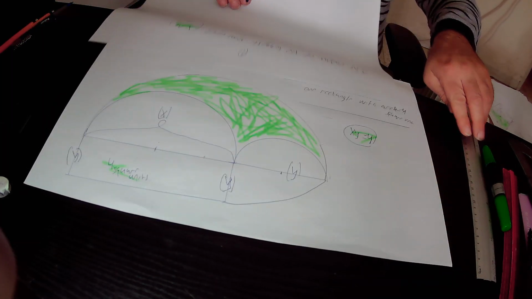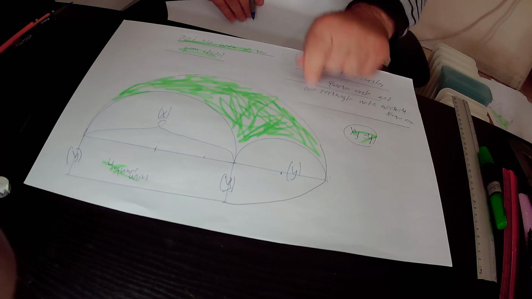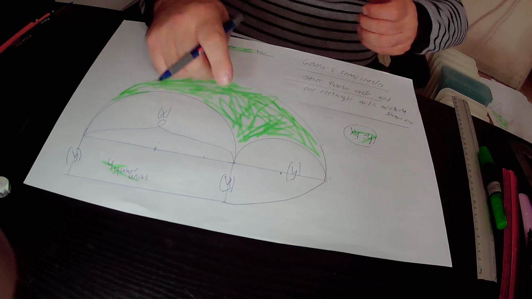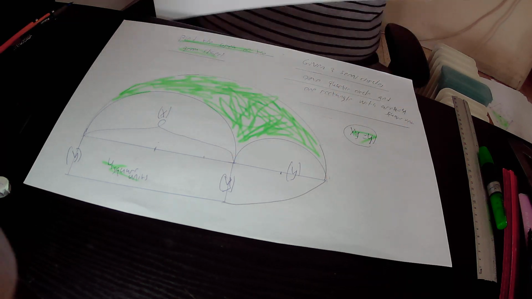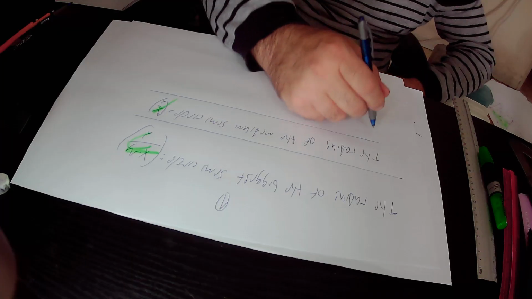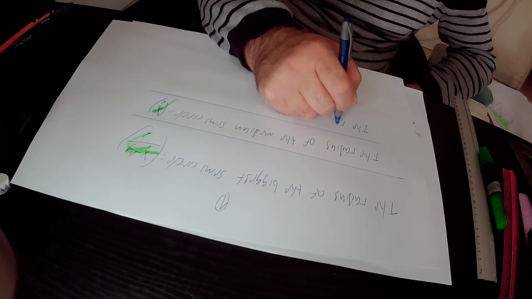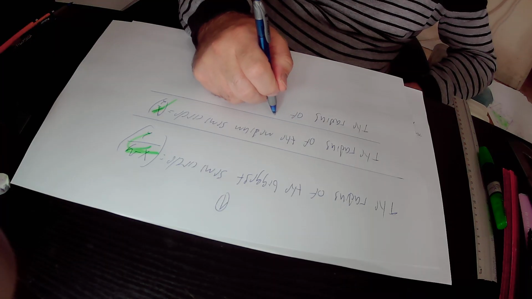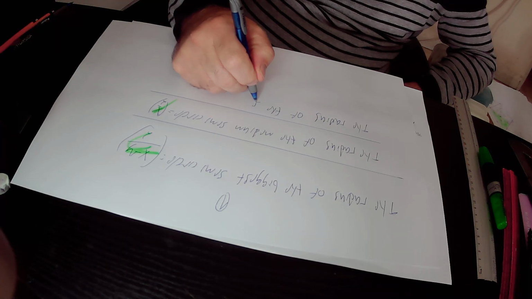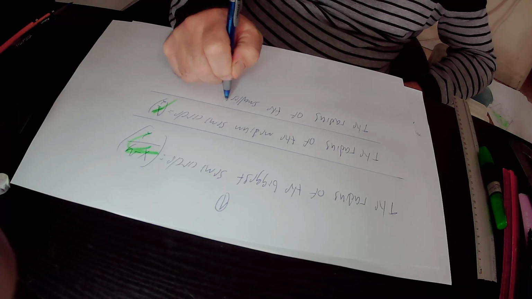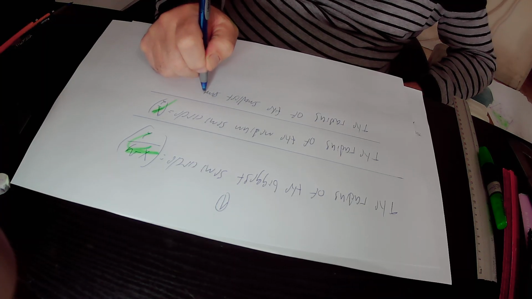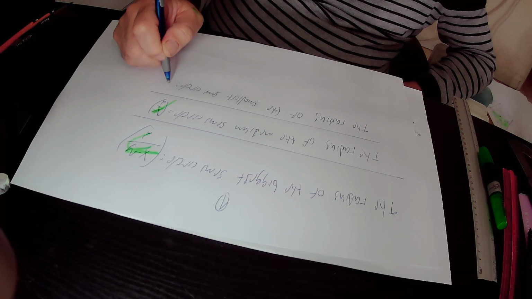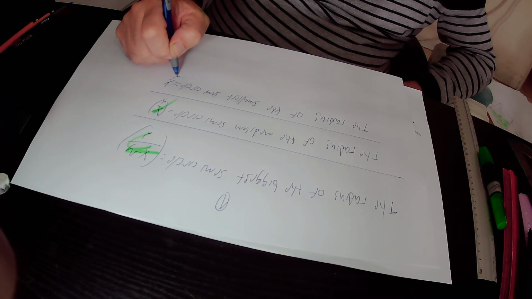And finally, what is the radius of this smallest semicircle? The radius must be equal to half the diameter y, which is y over 2 units in its length.